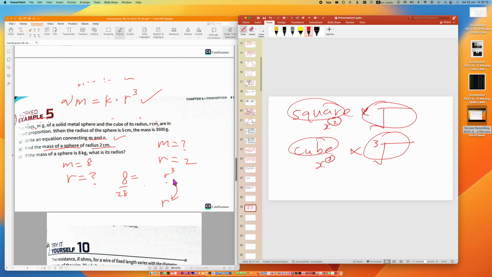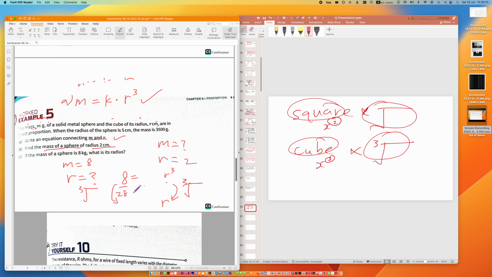So in order to get R from R cubed, you need to cube root this whole thing. Then you get the R already. Go. Show me this step. You cube root the R cubed, you get R. So you cube root here, you also need to cube root the 8 over 28.